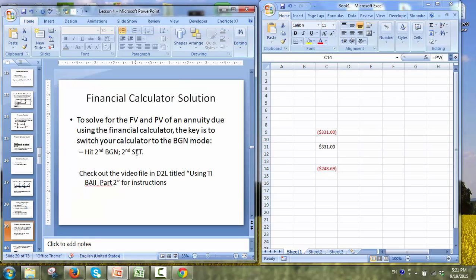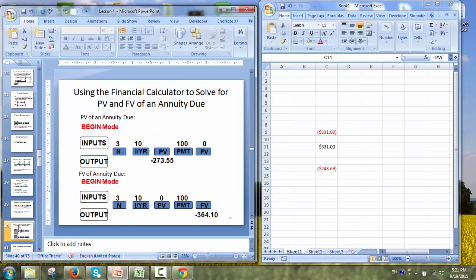We can also use the financial calculator to get the future value and present value of the annuity due directly. The key is to switch your calculator to the BGN mode. I do have a video on D2L that demonstrates how to switch from end mode to beginning mode, and if you want, you can switch back from beginning mode to end mode. So check out that video, follow the instructions, and set your calculator to beginning mode.